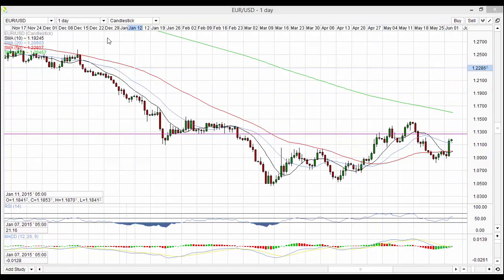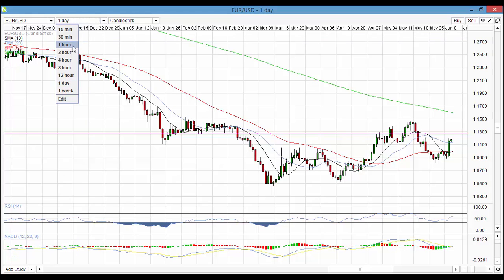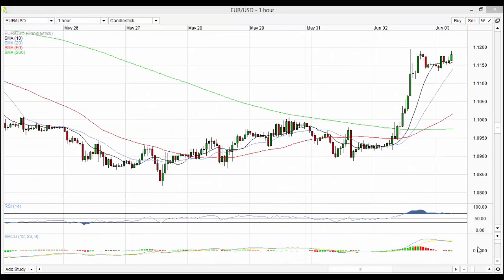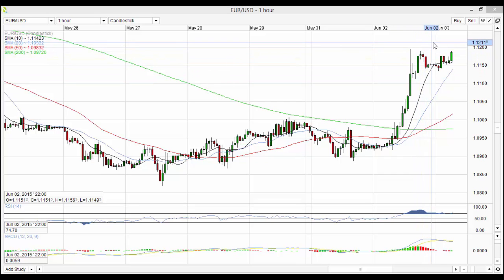So with those levels in mind, I'll be looking down the time frame into 1 hour and even 15-minute charts to look for trading opportunities. What I'll be looking for is, currently in an uptrend, at least until this level that we identified at 1.12 and a half, I'll be looking for the market to pull back into this area on the buy zone and then a continuation of this uptrend.